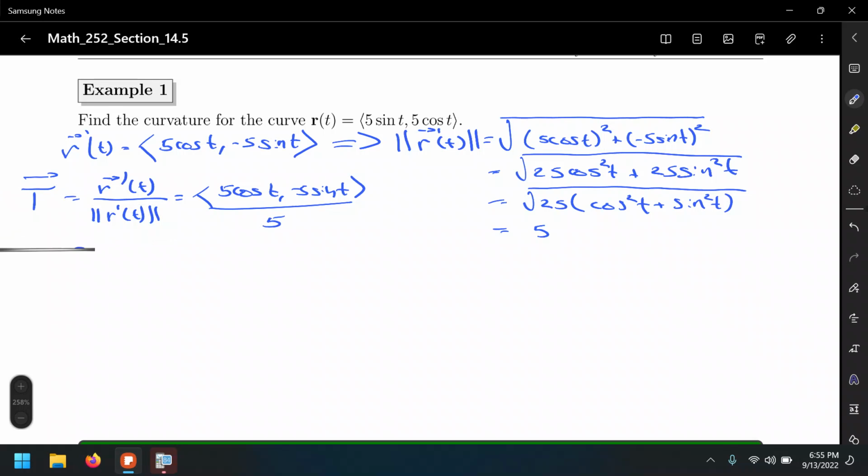And in this case the tangential is, well, divide each component by the magnitude, that's going to give us cosine t, negative sine t.